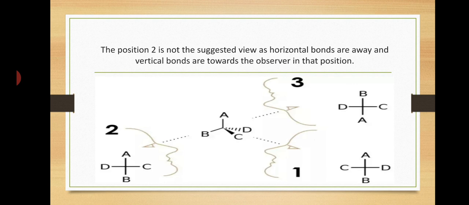The second position is the wrong position, not recommended, because the observer is seeing the molecule such that the vertical bonds are towards the observer and horizontal bonds are away from the observer.